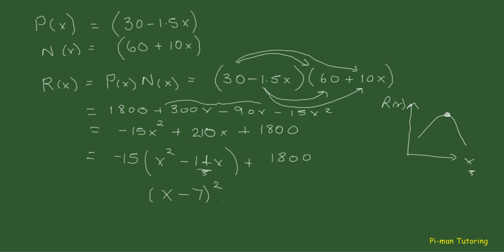This squared term needs to be removed because the negative 7 times a negative 7 will give me a positive 49. So I need to remove that 7 squared in order to keep this value the same as the bracket above. Don't forget the minus 15 outside, and the 1800 remains untouched. And now we're almost in vertex form.